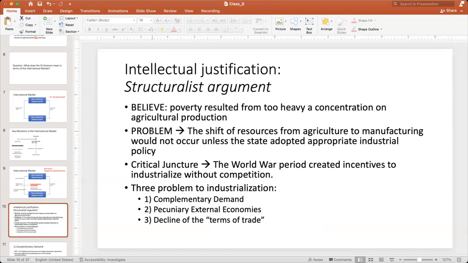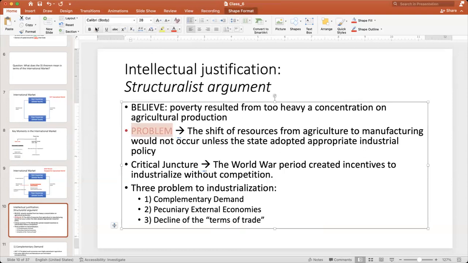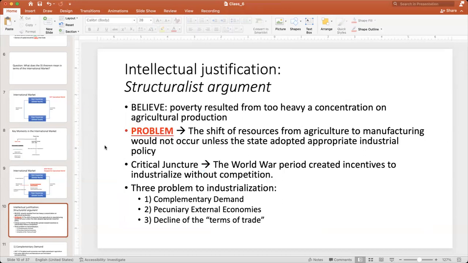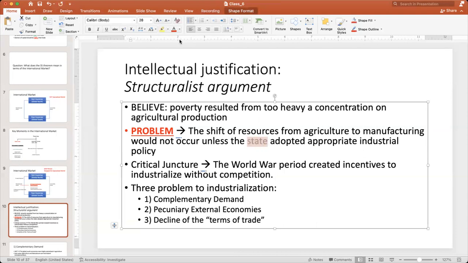However, the basic problem that structuralism identifies is that the shift of resources from agriculture to manufacturing will not occur unless the state, and we are going to highlight this part, the state adopts appropriate industrial policies.